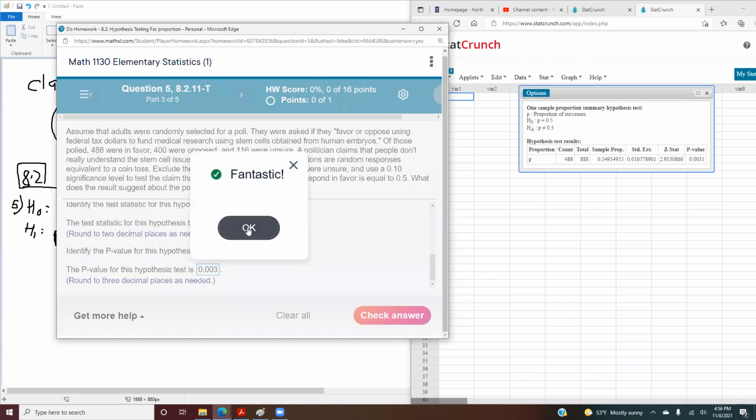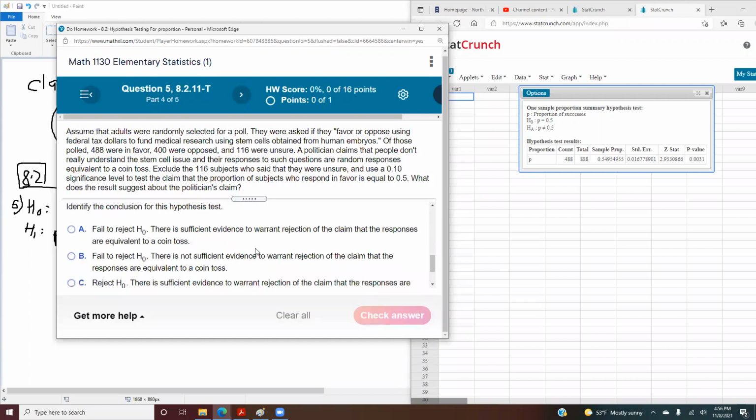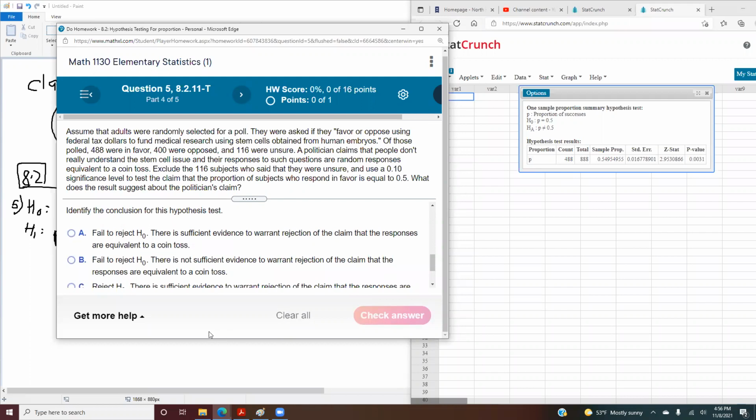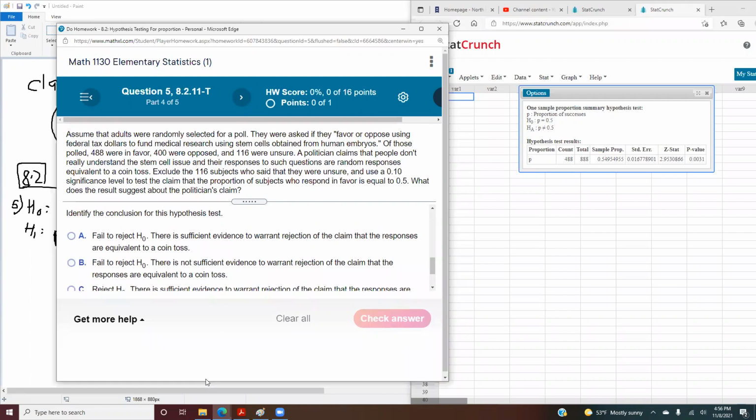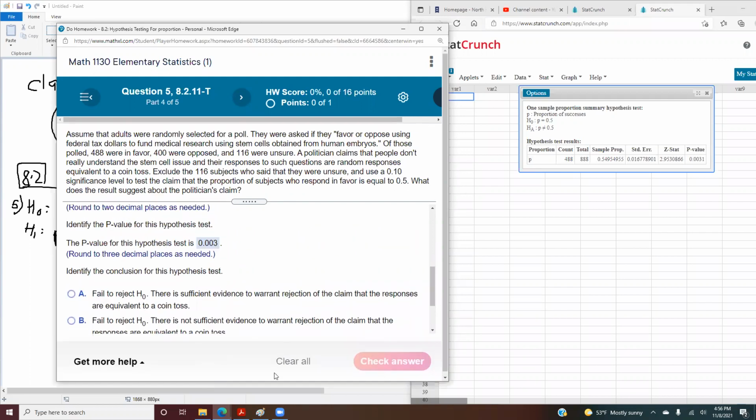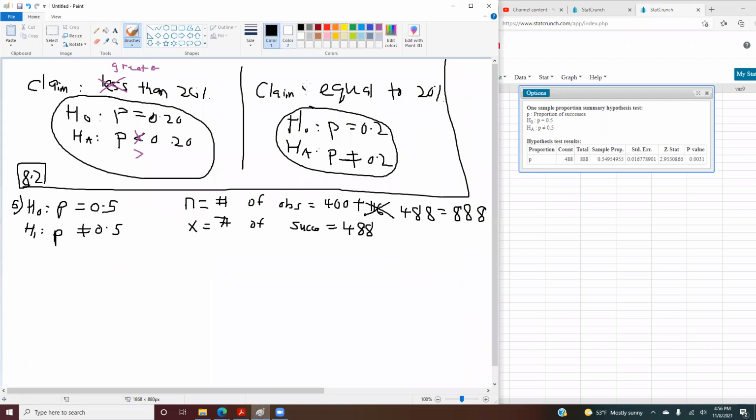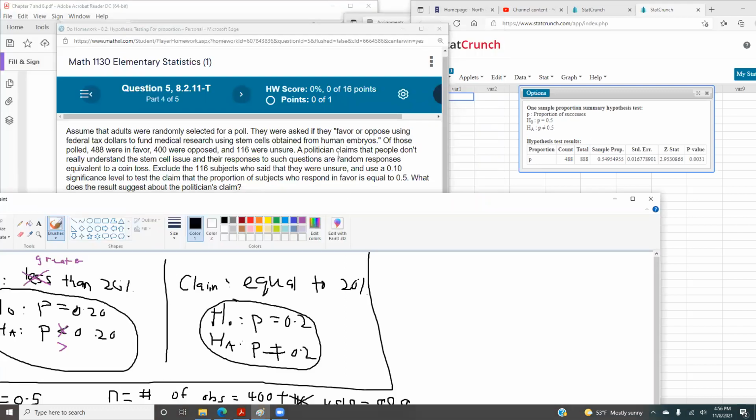Then you figure out what your conclusion is in this case. Your p-value is 0.003, and your alpha in this case, if I read the question, what is your alpha?